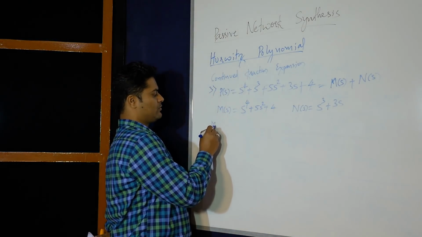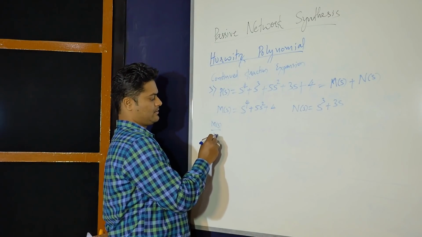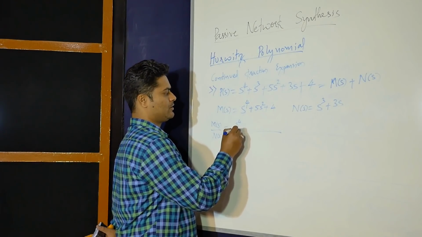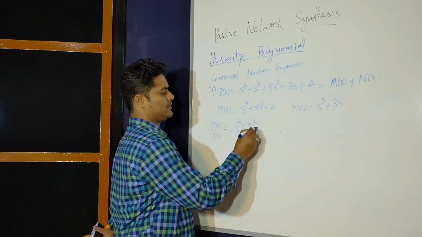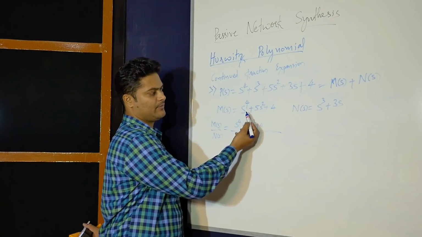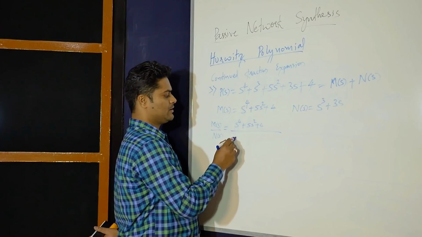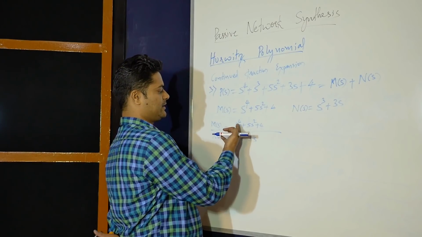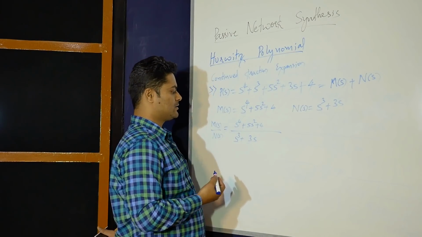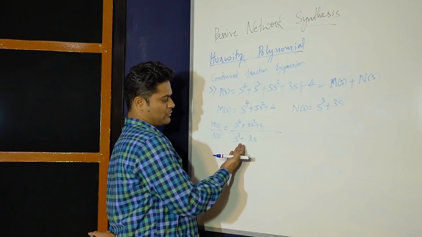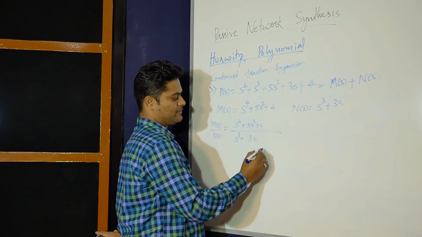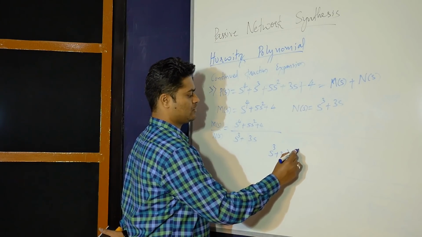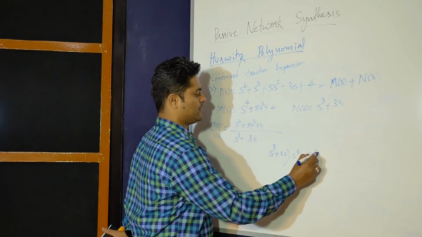So we have to do m of s by n of s. m of s is of order 4 and n of s is of order 3, so the numerator has one degree greater than the denominator. So we write the continued fraction expansion: the denominator has to divide the numerator, s cube plus 3s into s to the power 4 plus 5s square plus 4.